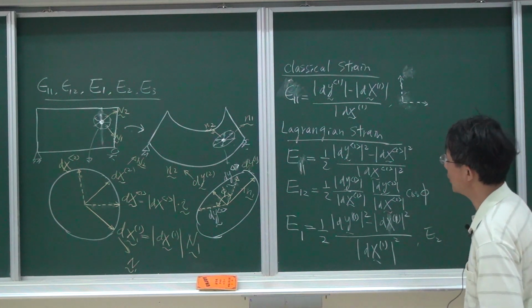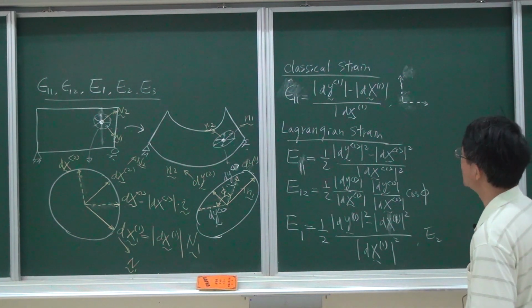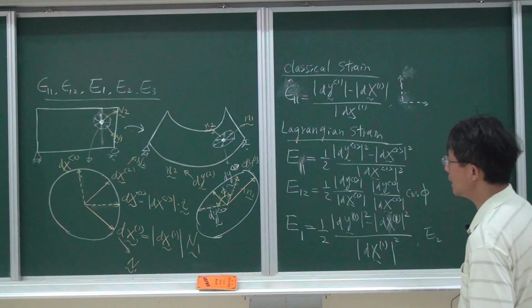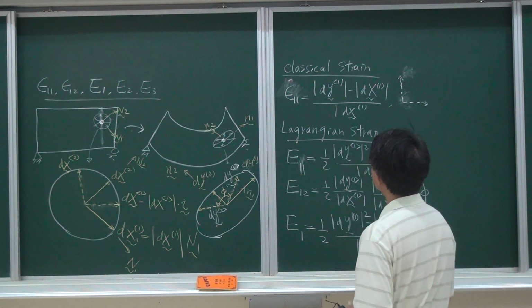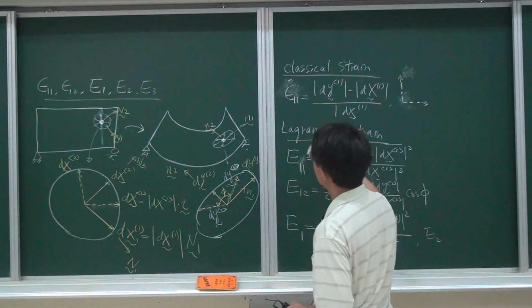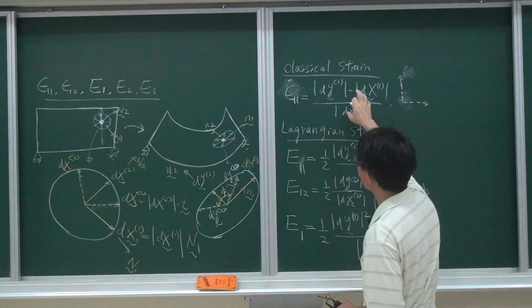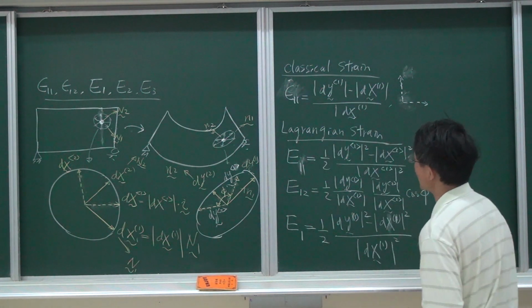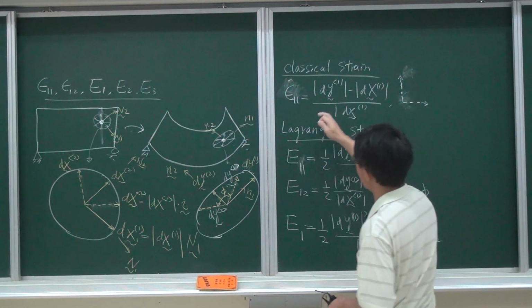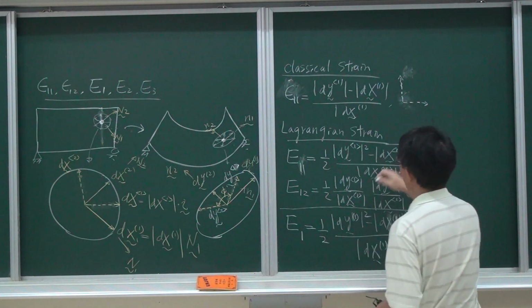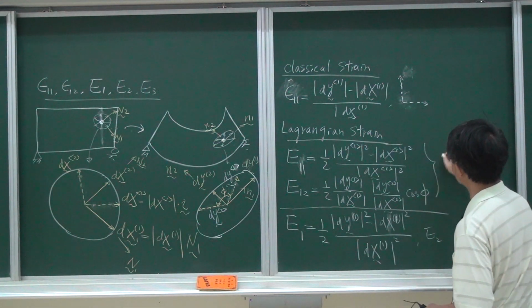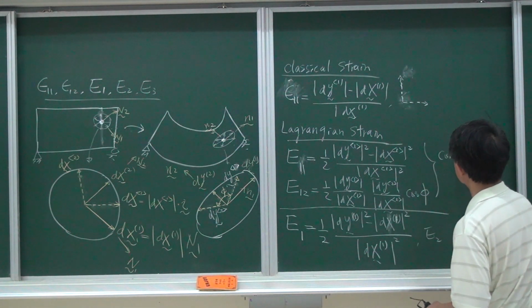If you want to calculate it, let me show you. This one is the component for the classical strain, and these two are components of the Lagrangian strain.